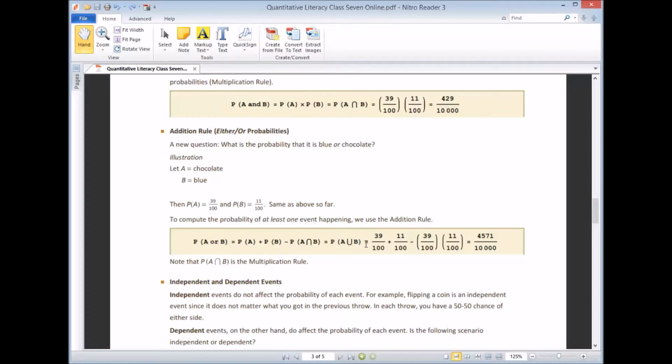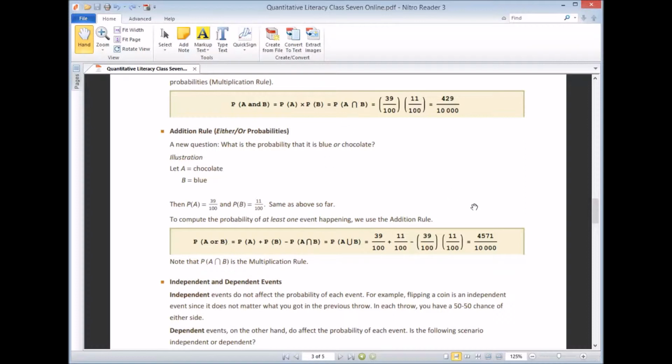So in this case, 39 over 100 plus 11 over 100, same as before, minus what we just calculated above, 39 over 100 times 11 over 100. And if you multiply these out, you get 4571 over 10,000. And again, you can leave it as a fraction or change it to a decimal. Notice that this is an and multiplication rule, and it's the same thing as the one before.